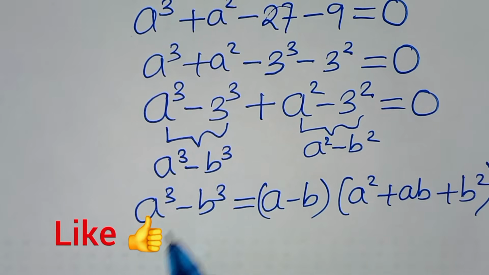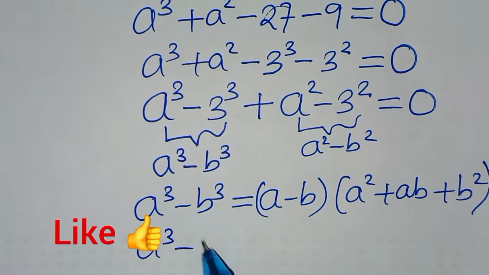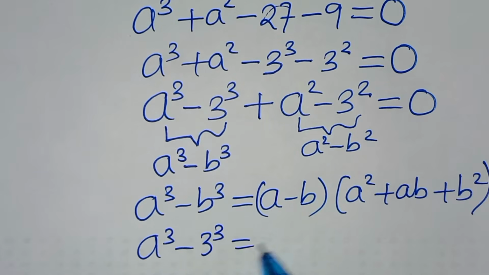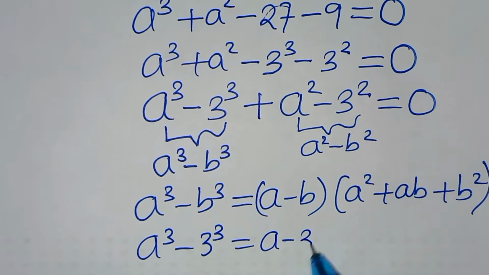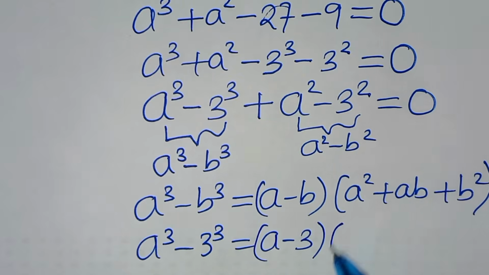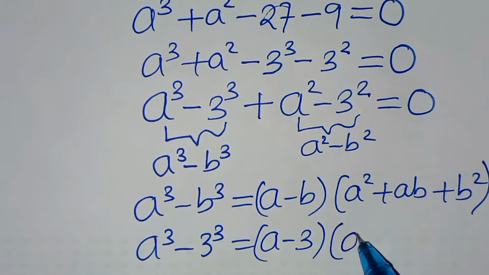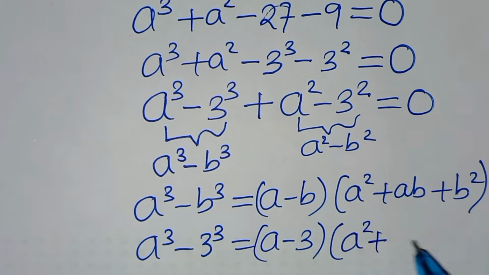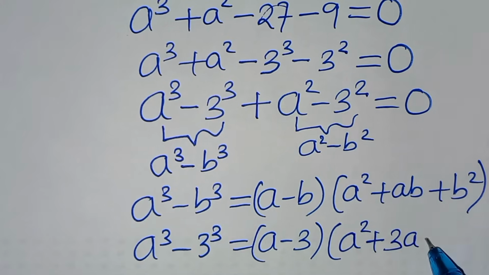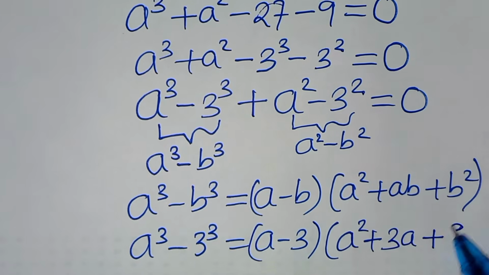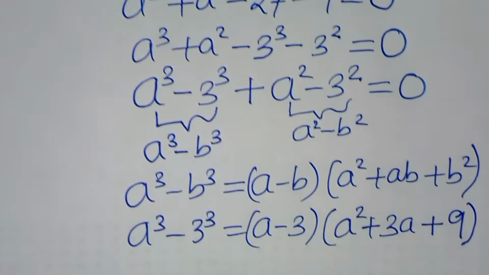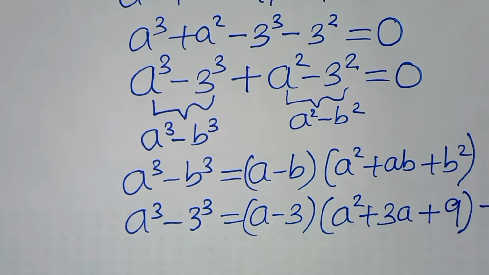So a to power 3 minus 3 to power 3 is a minus 3 times a squared plus 3 times a, then plus 3 squared, which is 9. Let's call this the first part.